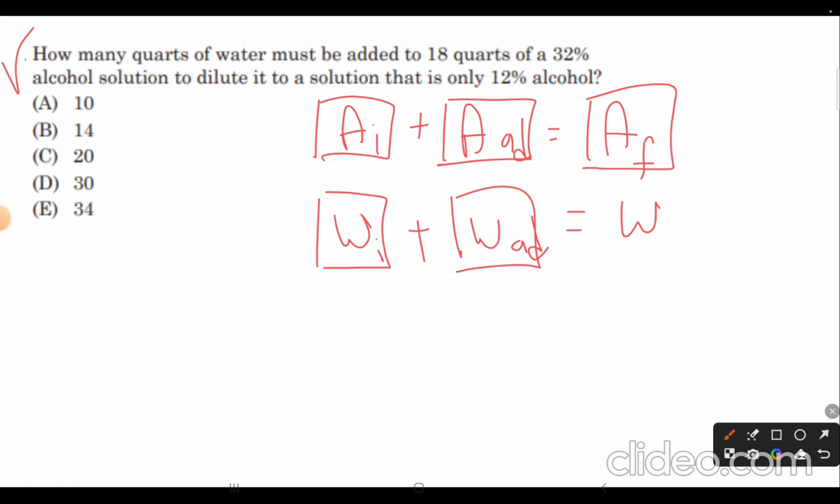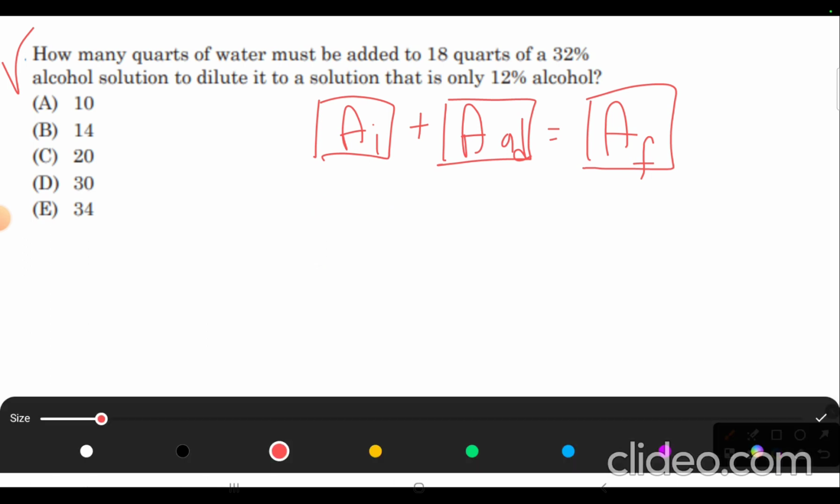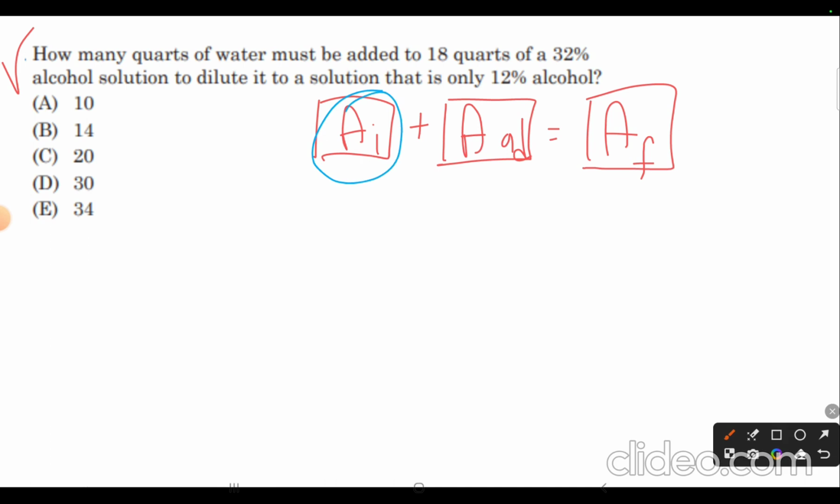Let's write using the first formula. Here it is not in percents, it's in quarts. This is also quarts and this is also quarts. Our amount. So alcohol initial, we have 18 quarts.